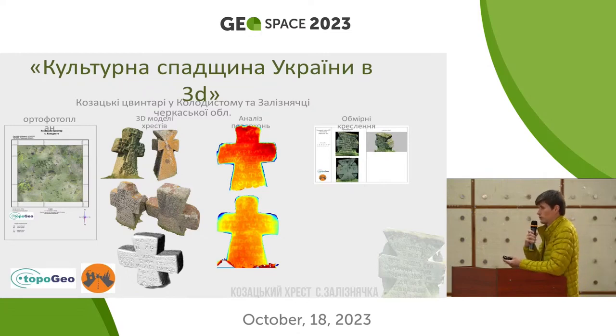But these crosses in these burial places prove otherwise. Unfortunately, these cemeteries are not included in any registered protected zones, and they can just be bulldozed for construction or something like this. That would be very unfortunate.